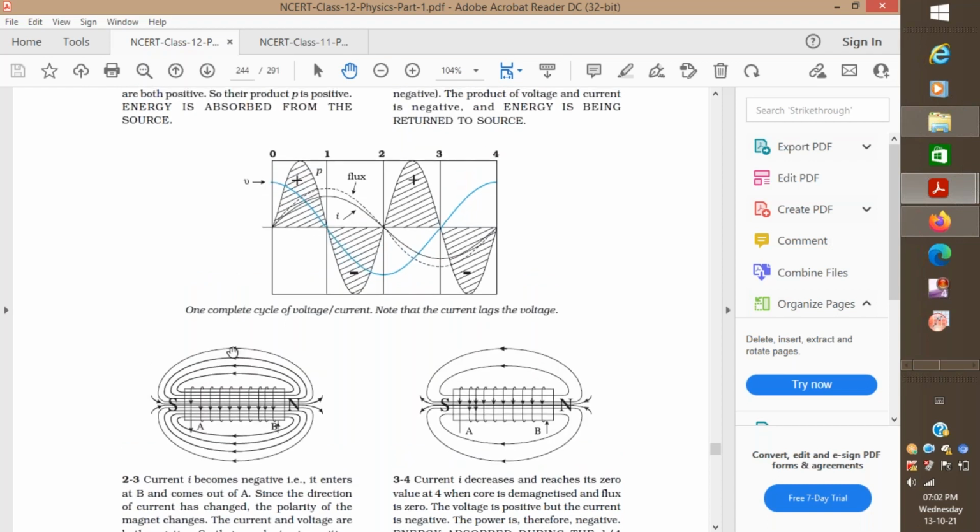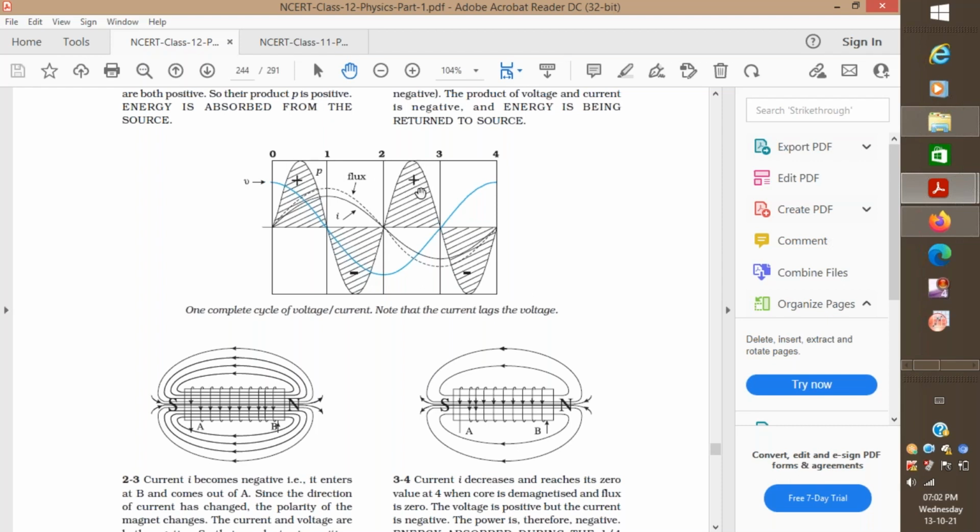So why does an inductive circuit not consume power? Because in each quarter of the cycle, suppose in one quarter the power is absorbed, in the next quarter of the cycle the power will be returned back to the source.